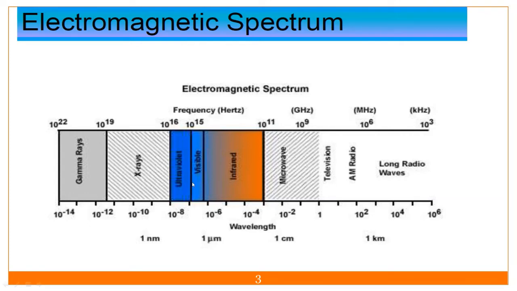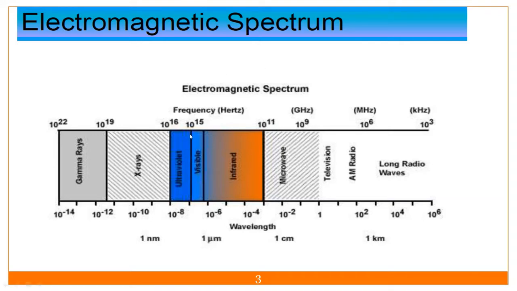After that you will find the visible spectrum, and after the visible ray you will find the infrared. We use infrared in our remote sensors, like TV remotes and AC remotes.